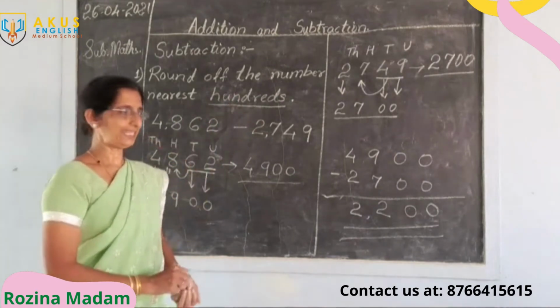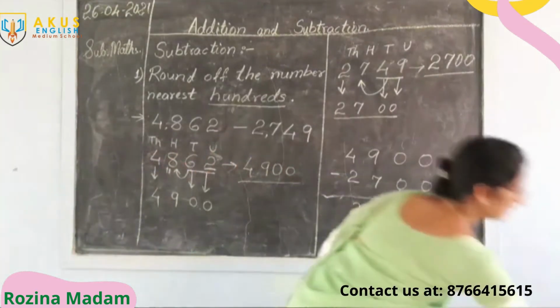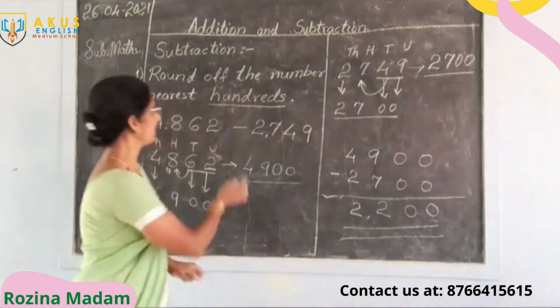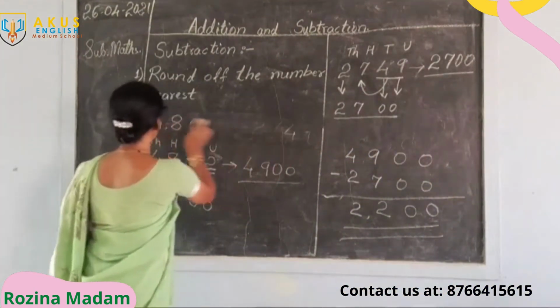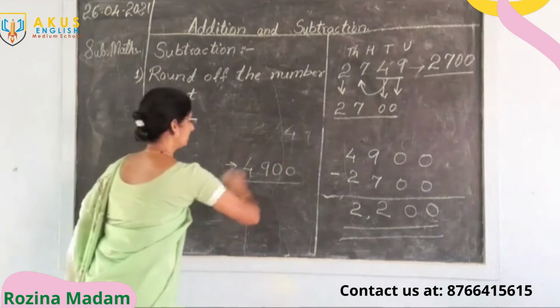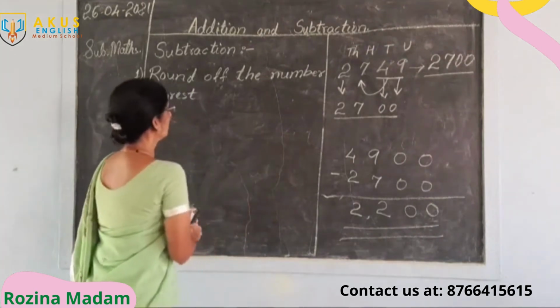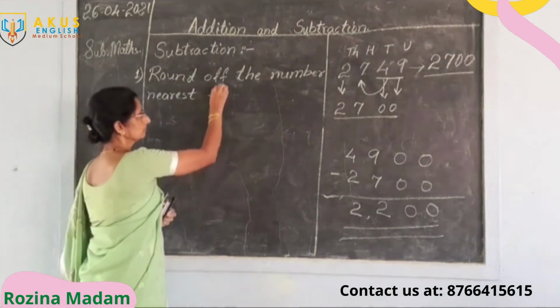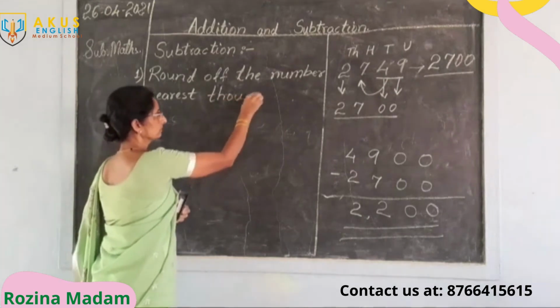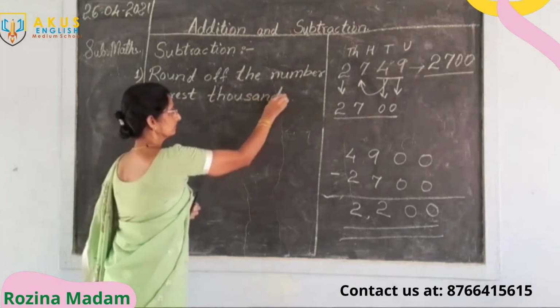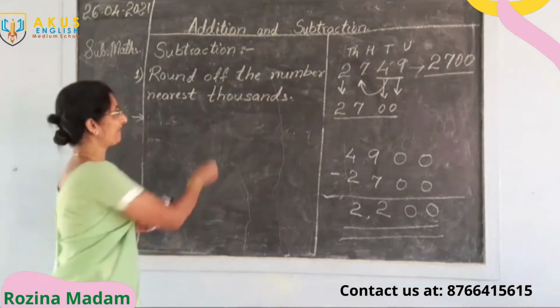Now we will see the next one, nearest 1000. Nearest thousands place one.